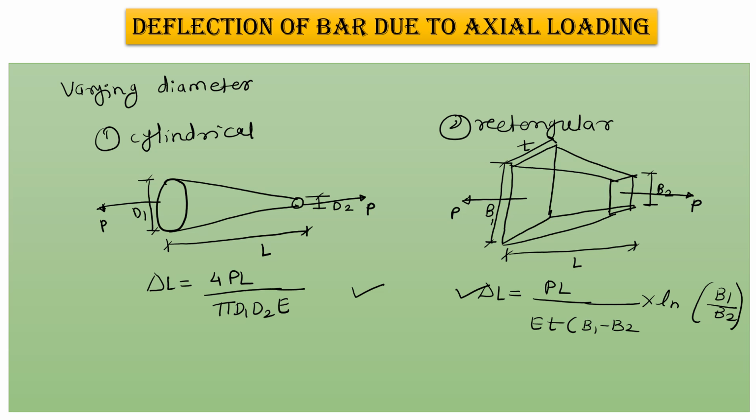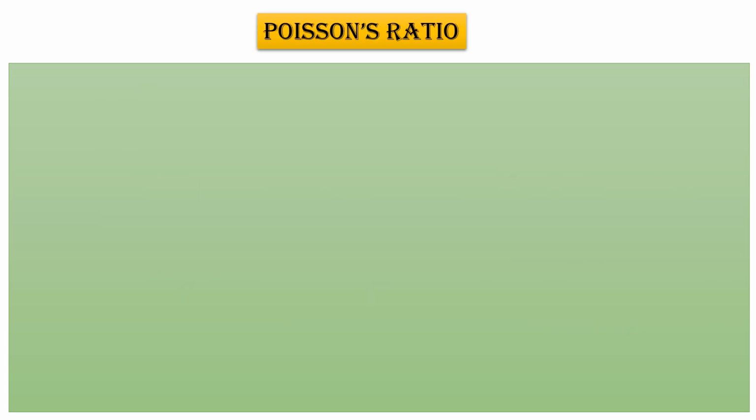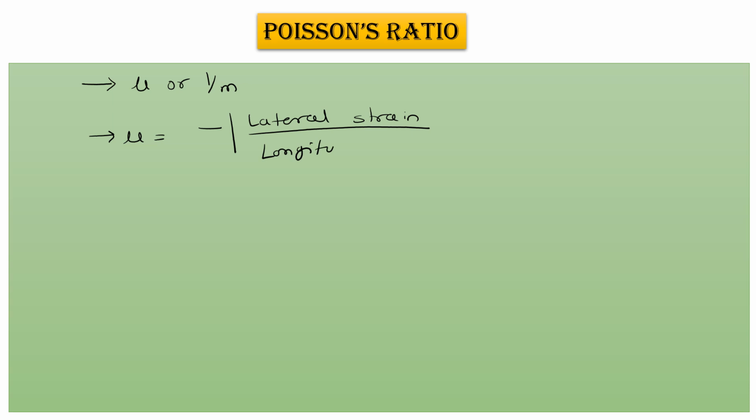Then next is Poisson's ratio. Poisson's ratio is represented by mu or 1 by m. Poisson's ratio is nothing but mu equal to lateral strain to longitudinal strain. Lateral strain is with respect to the depth and longitudinal strain is with respect to the linear dimension, meaning with respect to the length parameter.